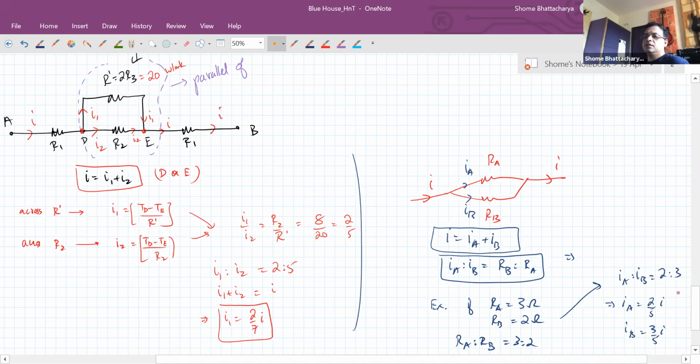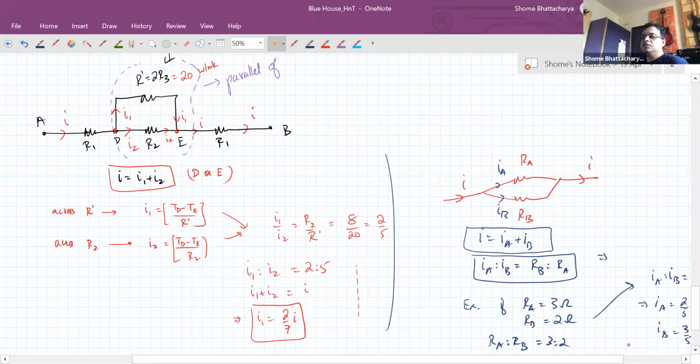We will go back to the earlier diagram and apply it to the resistor DC or the resistor CE. So just note down this part first, then we'll come back to it. This is a very important technique in this type of question, and later it will be important in the current electricity chapter also.